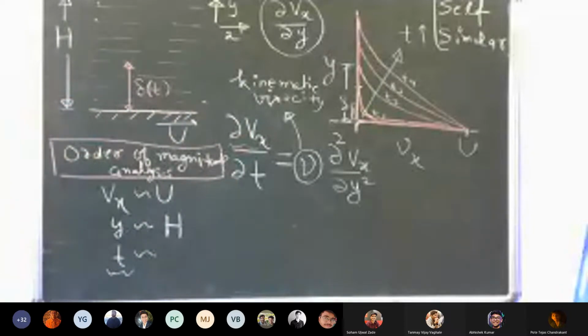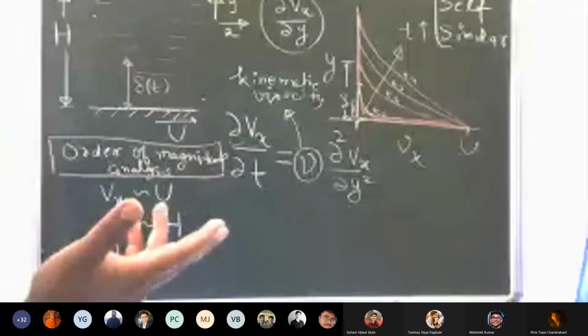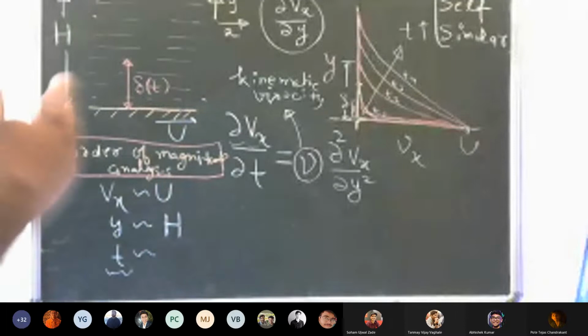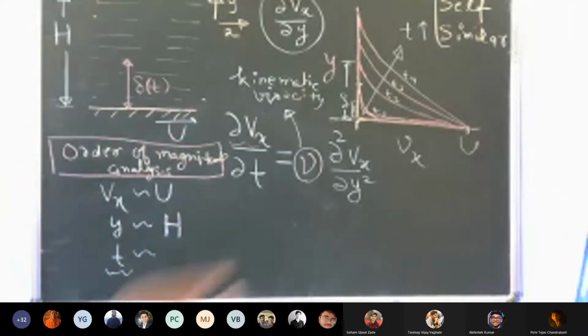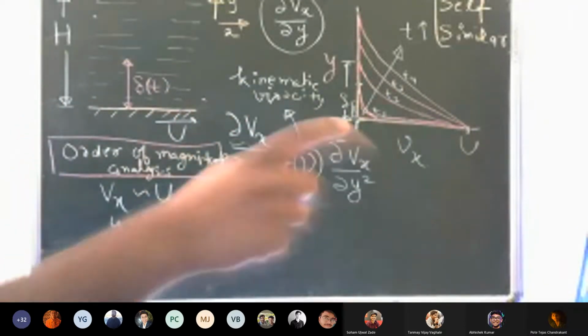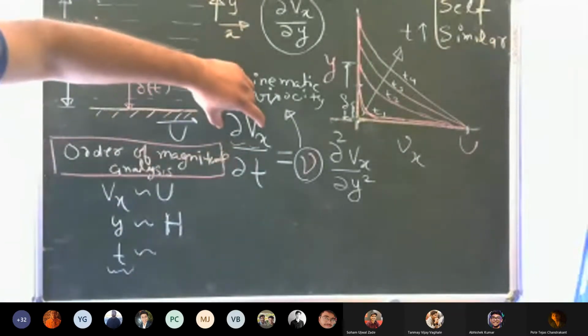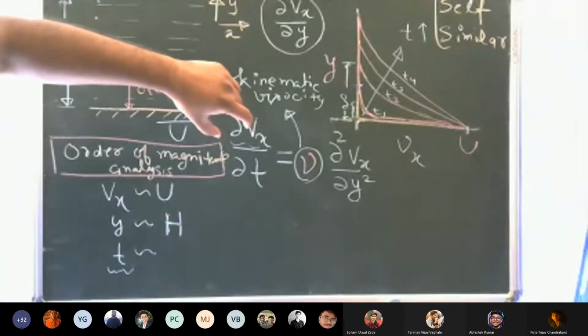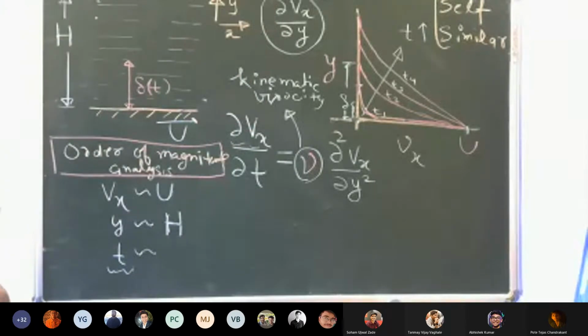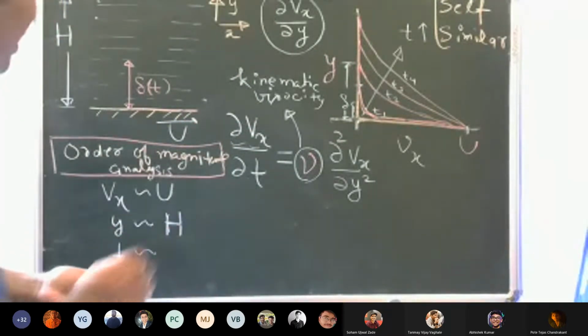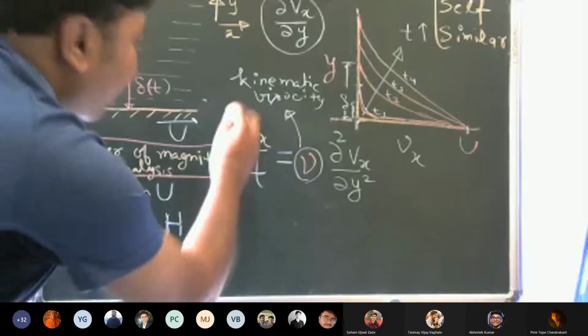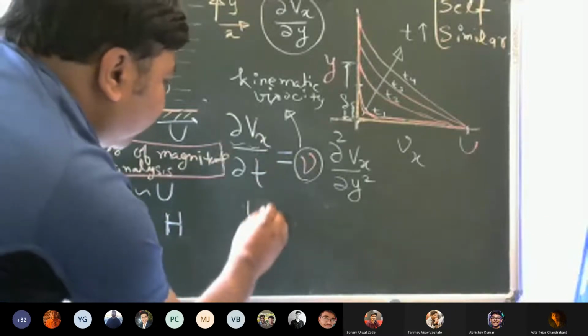No. If you difference two quantities of the same order, you expect to get a difference of the same order. Because if the difference goes to 0, this problem will not be valid. If this difference goes to 0, then there is no point in solving this. So the characteristic value of the numerator will be u.